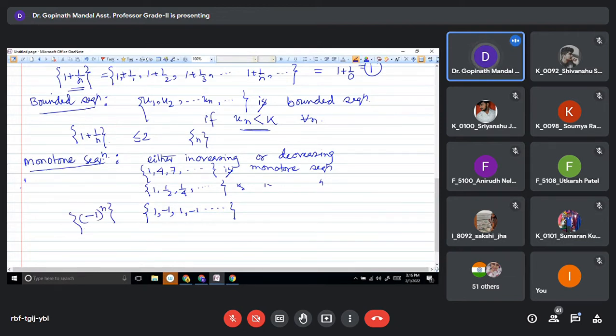Is this a monotone sequence? This is not a monotone sequence because it is neither increasing nor decreasing. It actually oscillates. So this is not a monotone sequence.